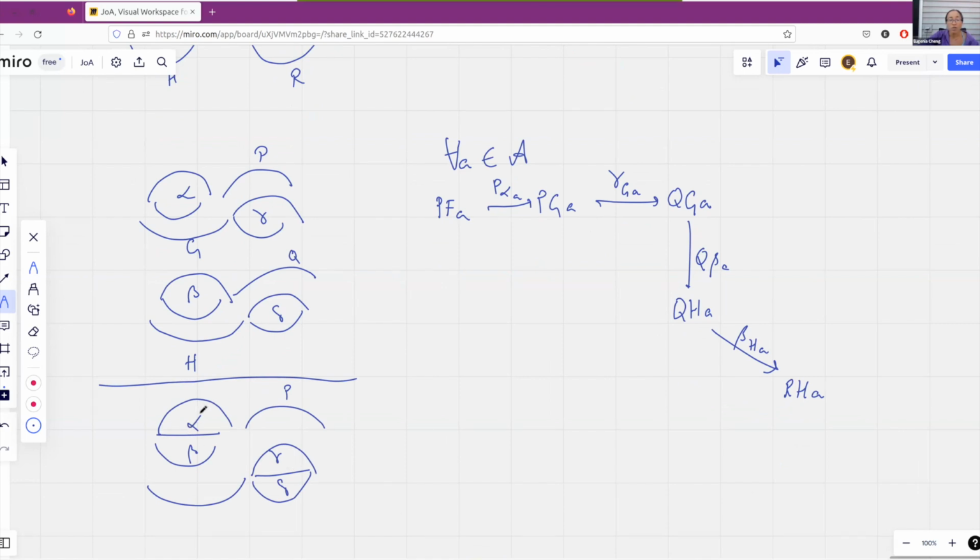Now, how do we do alpha and beta whiskered with P? Well, we do alpha whiskered with P and we do beta whiskered with P. And so the first thing we do is alpha whiskered with P, which is what we've already got here.